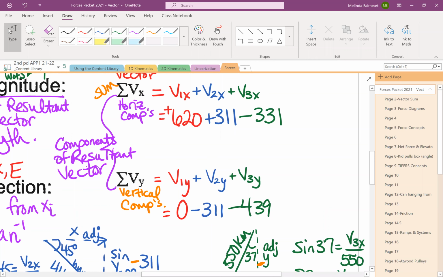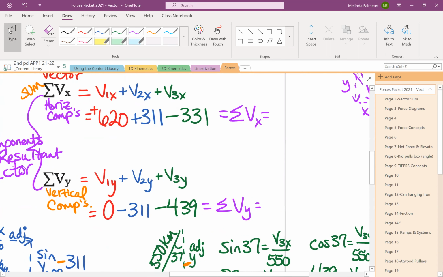I can add all the horizontal components together, bless you, and get the sum of the horizontal components, and I can add all the verticals together and sum the vertical vector components. And so I got 439, notice it's negative, just like negative 311.